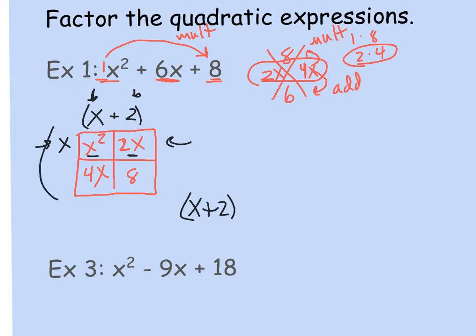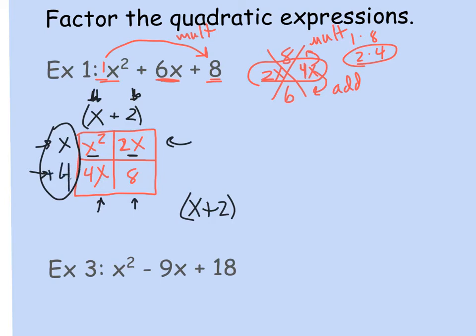The other one is going to be right here. We already know it's going to be x, but I have to find this number. And this number is what I'm going to multiply by x and the 2 here to get 4x and 8. Well, what times x is going to give you 4x? Well, that is 4. So I'm going to put a 4 right there.